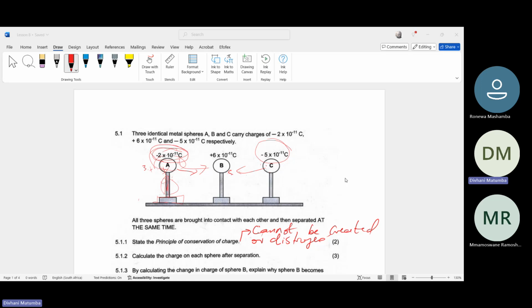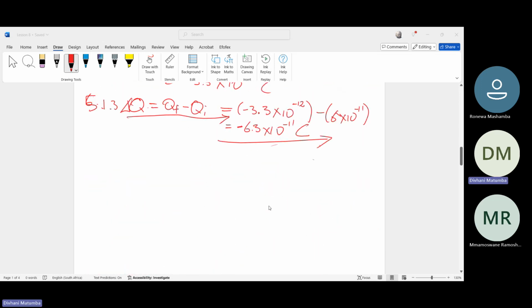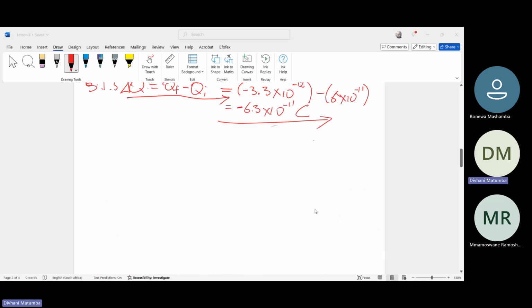So there will be cases whereby you will find electrons moving from A to C and also from B to C. Those instances are possible depending on what the situation is. For instance, let me give you a few examples.